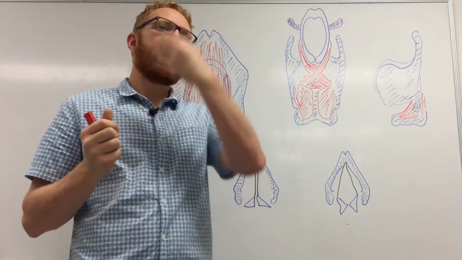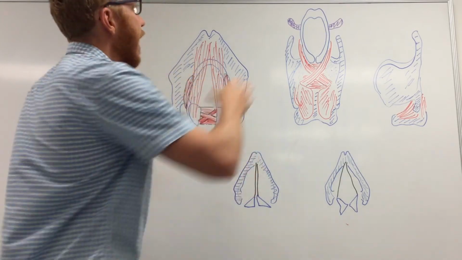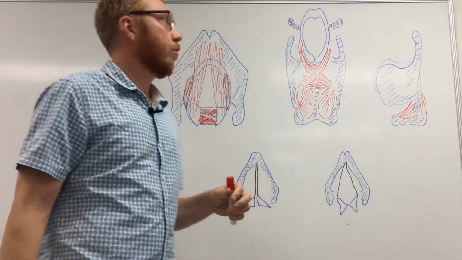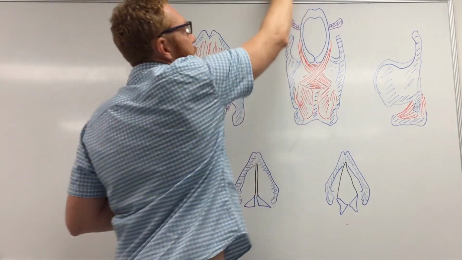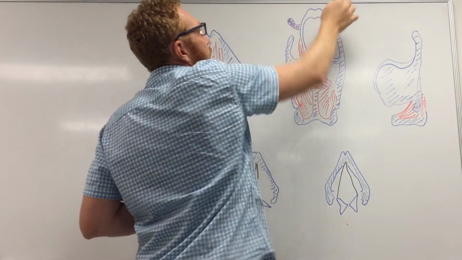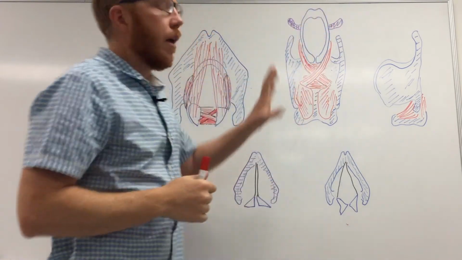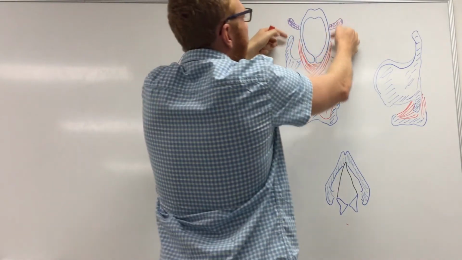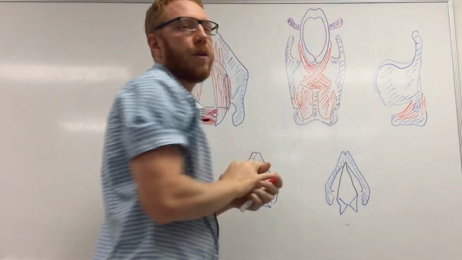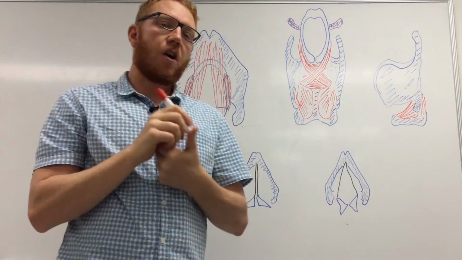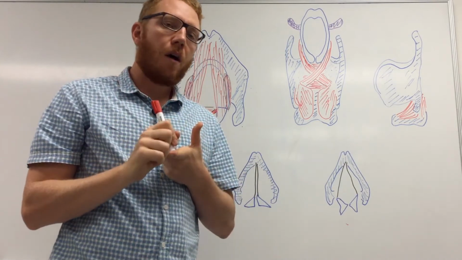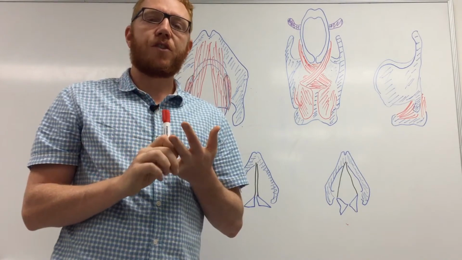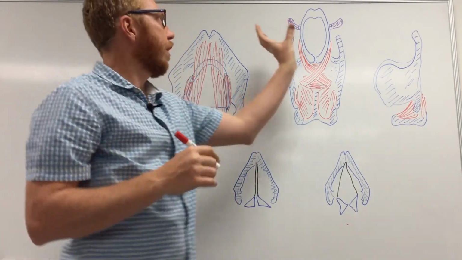The ones that are going to bring the larynx up will really act on the hyoid above it. So these are going to be suprahyoid muscles. Any muscle that's coming in and attaching will bring it up, because if you move the hyoid bone, because of the thyrohyoid membrane, the larynx will go with it. So anything like the stylohyoid muscle, mylohyoid, geniohyoid, the digastric, these muscles will bring it up.